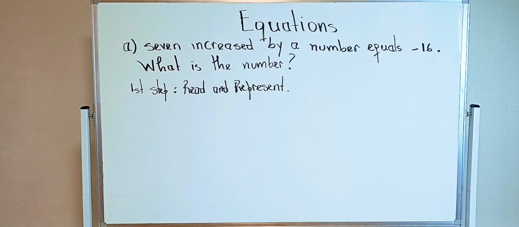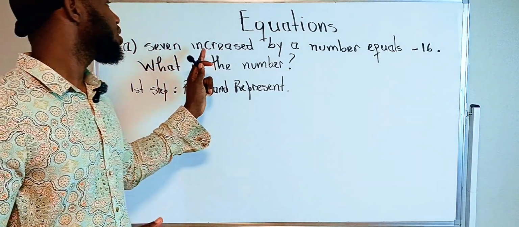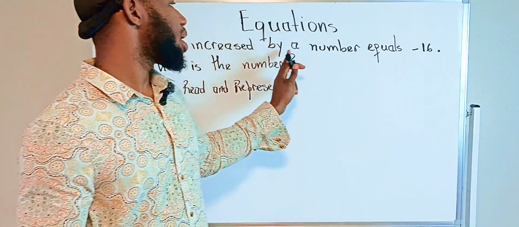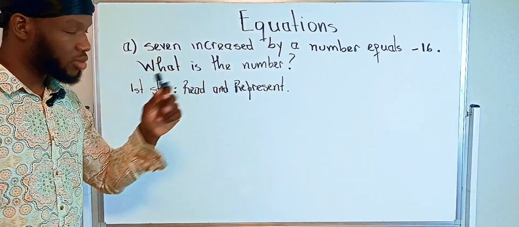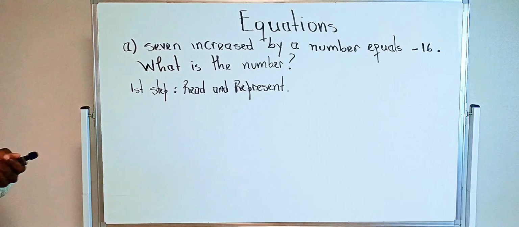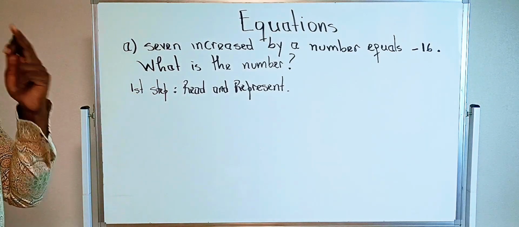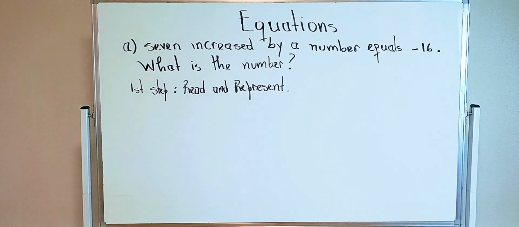So, read: 7 increased by a number equals negative 16. What is the number? This is a word problem. Now we've read, we represent the information.